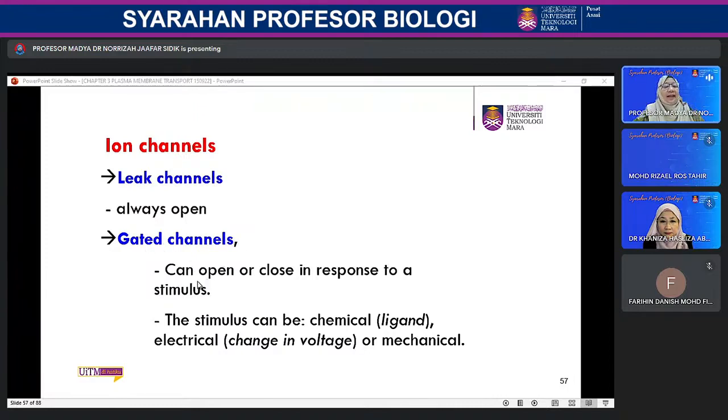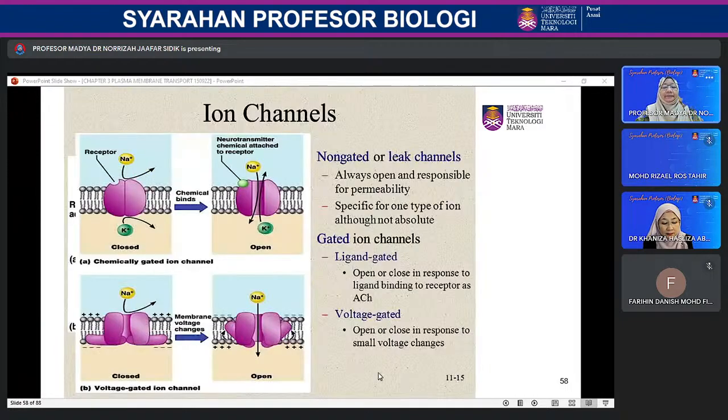They can open or they can close. Okay, so they open or close in response to a stimulus. The stimulus can be a chemical ligand, a change in voltage, the electricity, or mechanical.